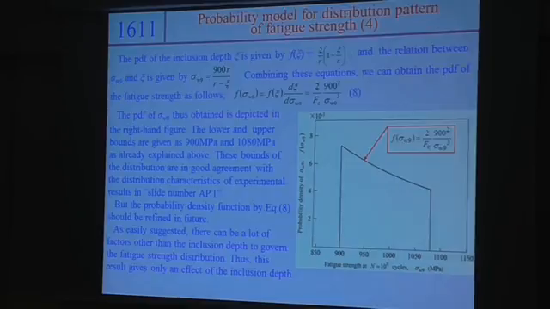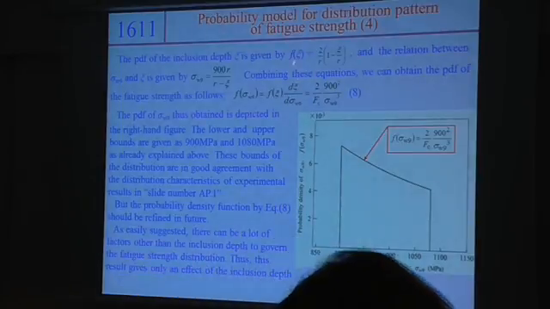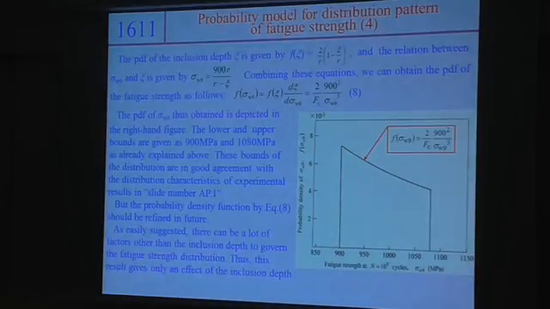The PDF of the inclusion depth xi is given by this expression, and the relation between sigma W9 and xi is given by this expression. Combining these equations, we can obtain the PDF of the fatigue strength as in this equation, equation 8. The PDF of sigma W9 thus obtained is depicted in the right-hand figure. The lower and upper bounds are given as 900 megapascal and 1080 megapascal, as already explained above.